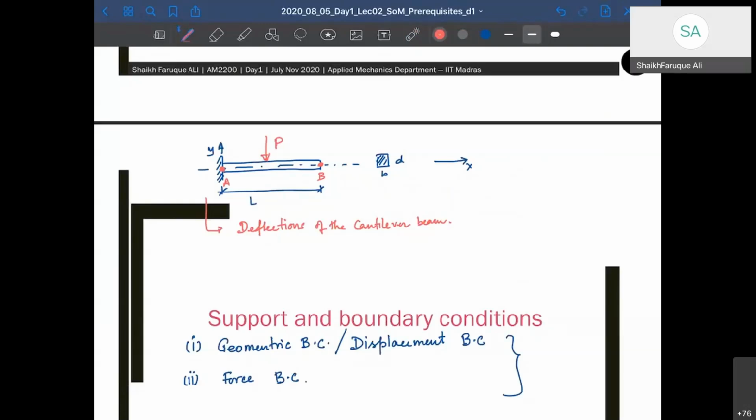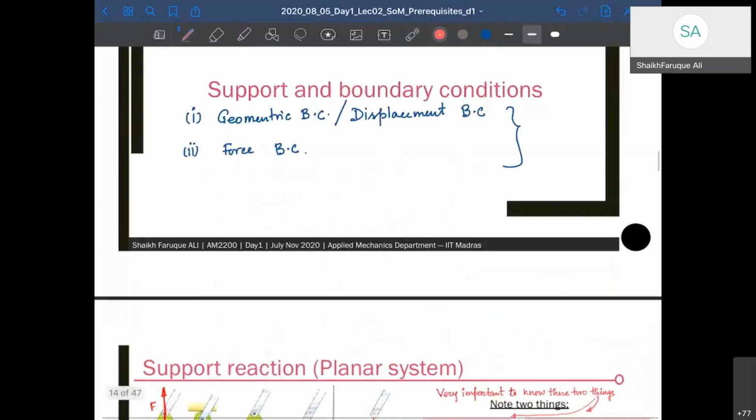Now what are its boundary conditions? As I said, there are two boundaries to this beam. Right. So I write it here.